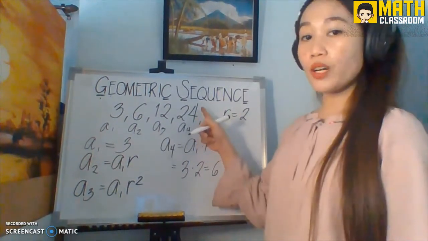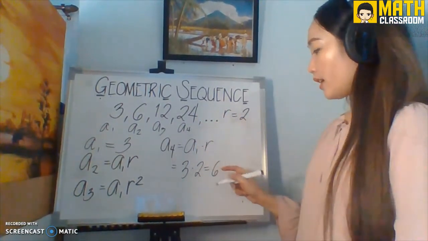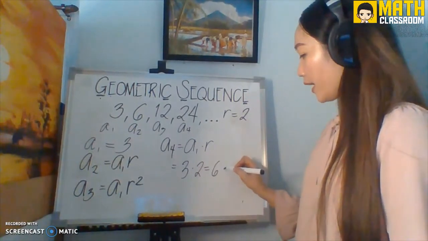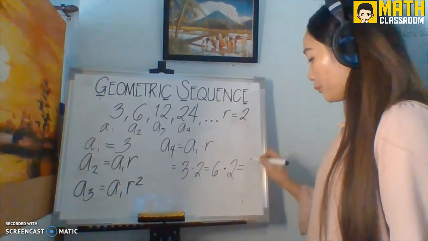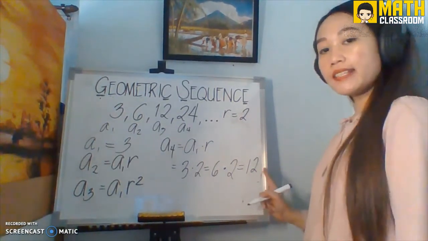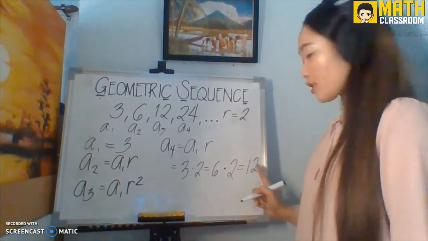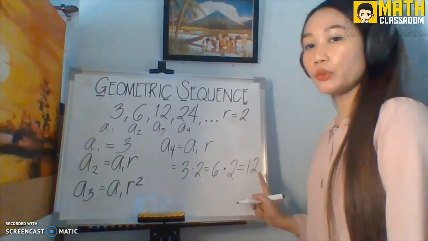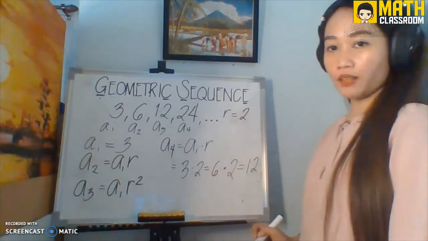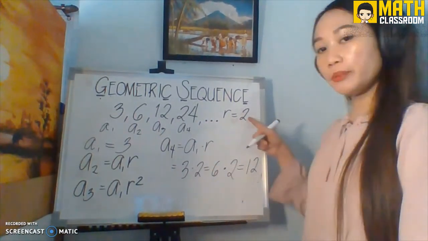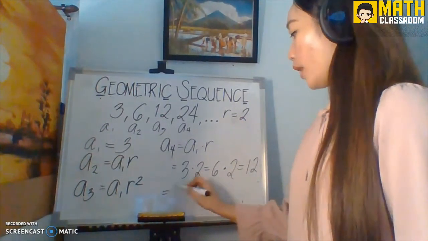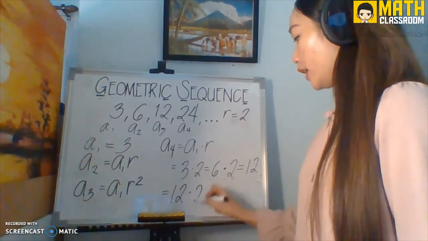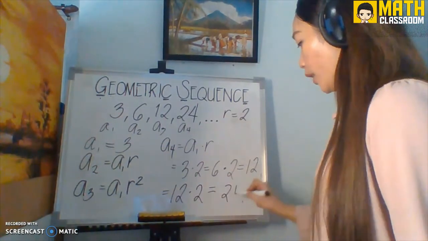But we are looking for 24. So again, we need to multiply 6 by r, so it will become 12. But then again, this is not 24 yet. So what are we going to multiply to 12 to get 24? Yes, we can multiply it again by the common ratio, which is 2. So 12 multiplied by 2 would be 24.